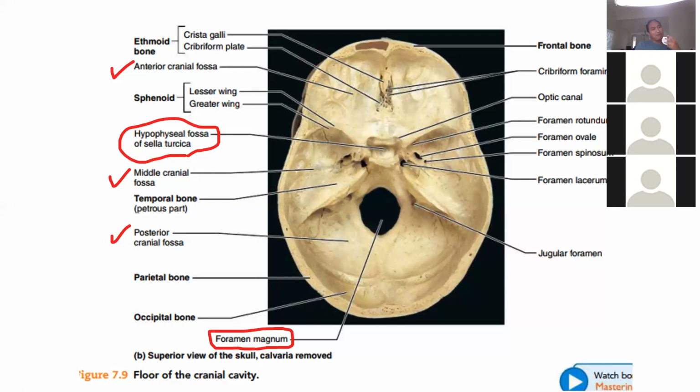The big hole is foramen magnum, magnum meaning big. But the small little three, I want you to remember these three. The closest to the midline is lacerated, therefore we say foramen lacerum. Then nice, smooth, round and oval, foramen ovale, and the very tiny little foramen spinosum.